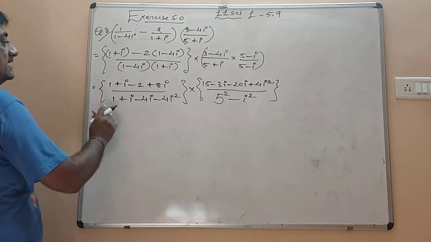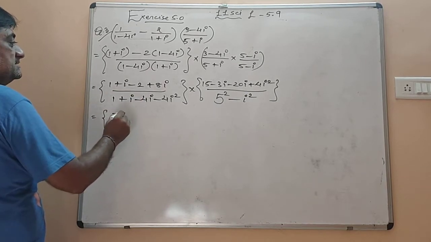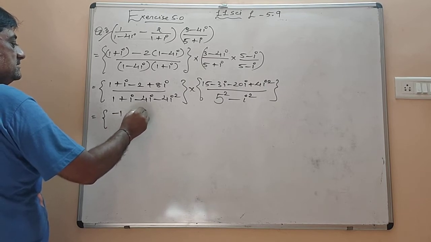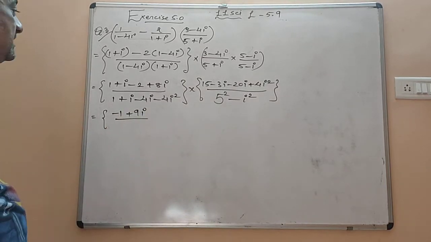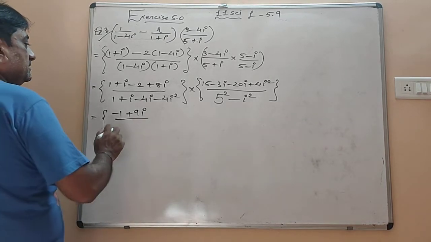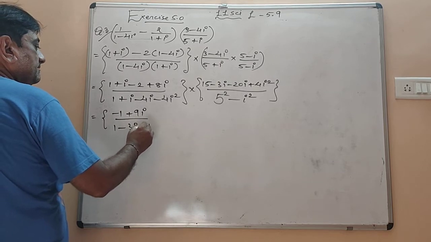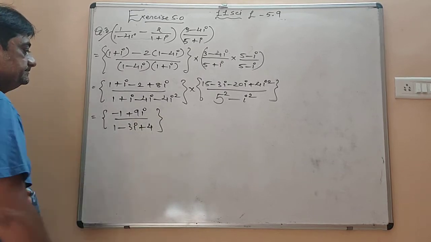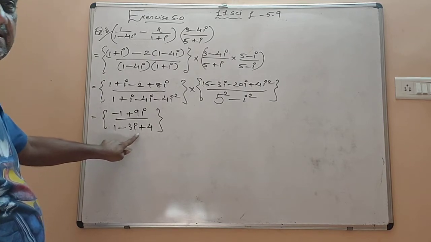Now our first bracket is 1 minus 2, it is minus 1 plus 8i plus i, it is 9i upon 1 minus 3i plus 4. i minus 4i gives you minus 3i.